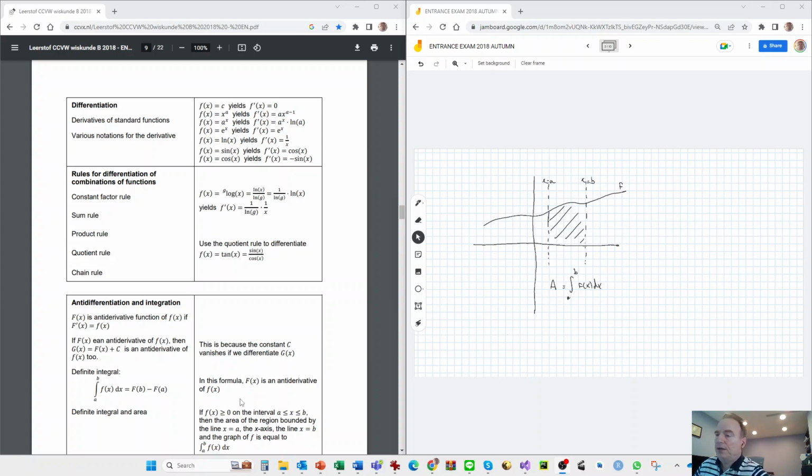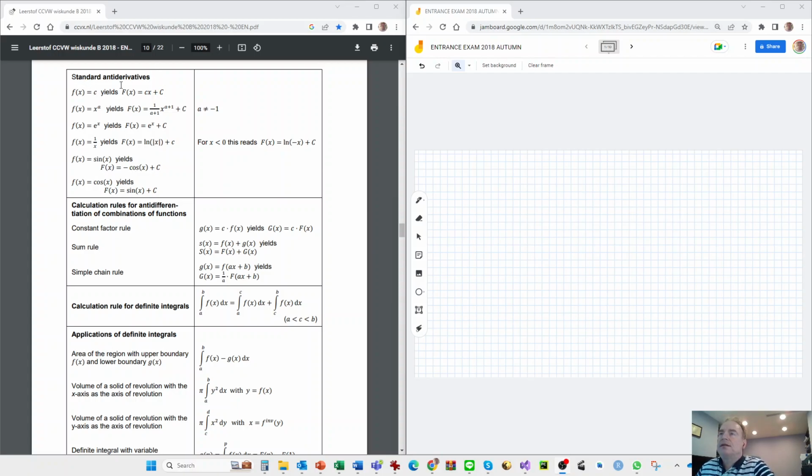If a function in an interval a to b is strictly positive, then the area of the region bounded by the lines x equals a and x equals b is equal to the integral from a to b of f(x) dx, and that's given here.